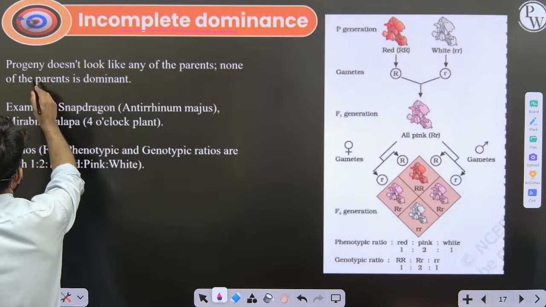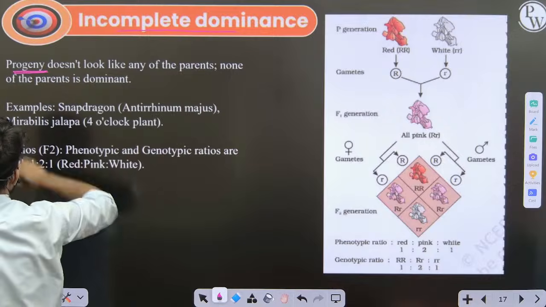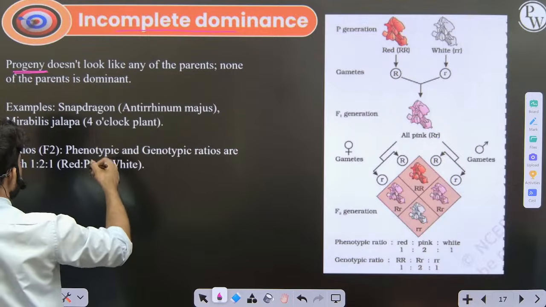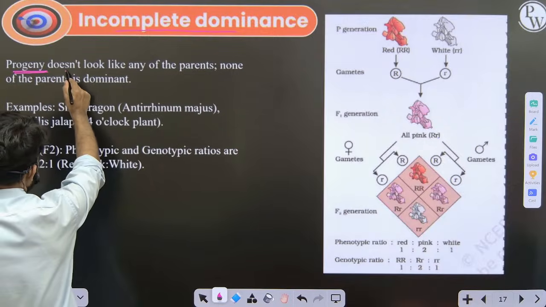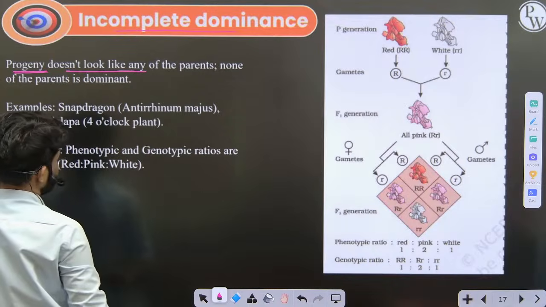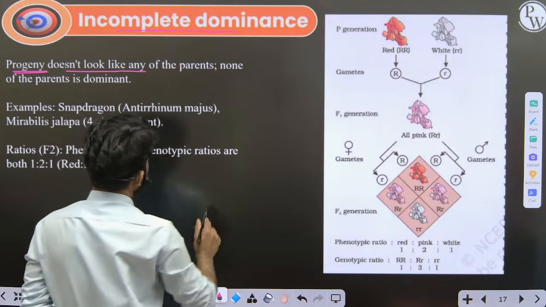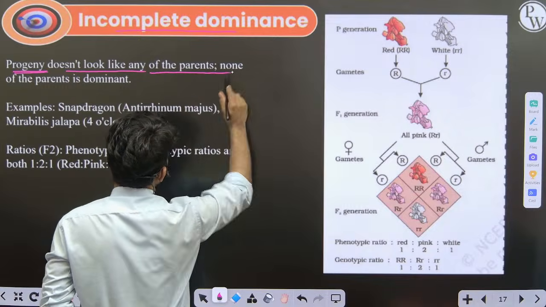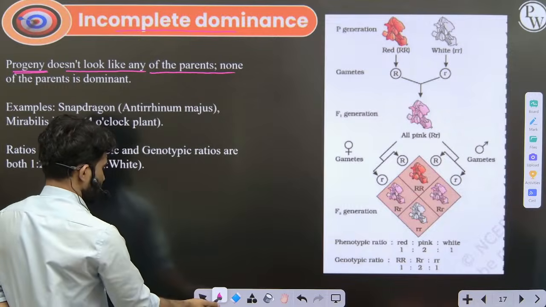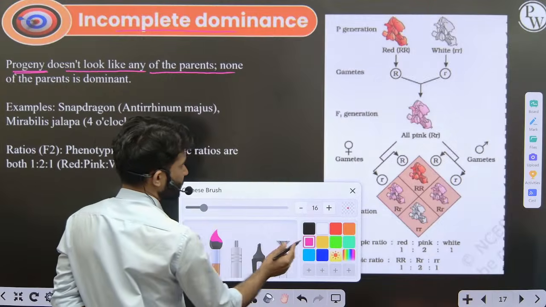So what is happening here? The F1 progeny does not look like either of the parents. Take an example.